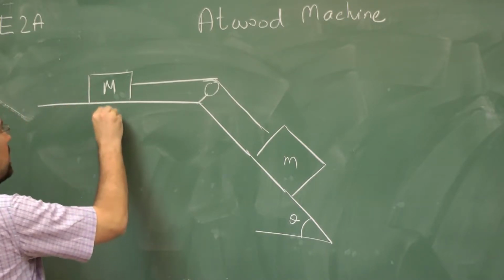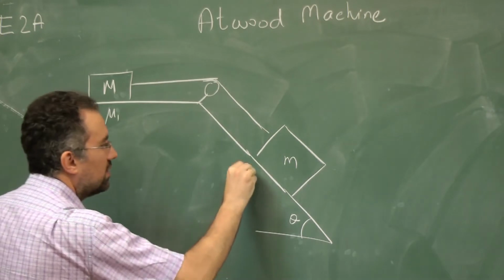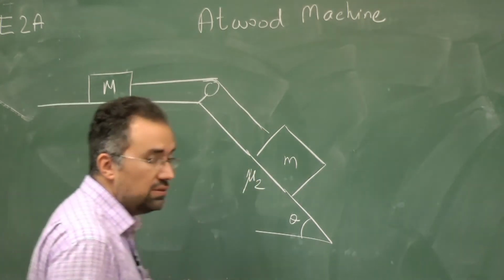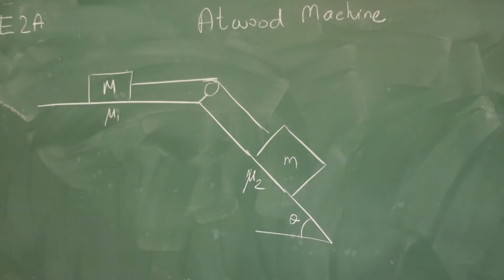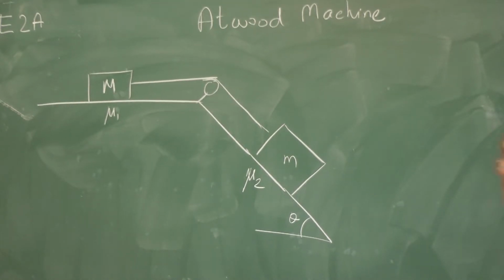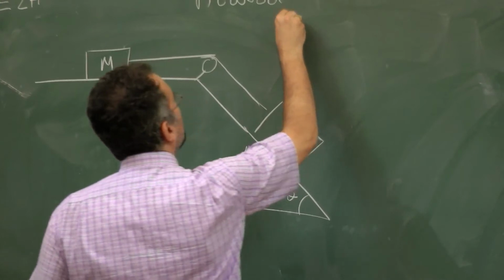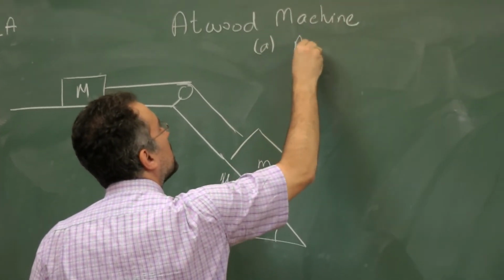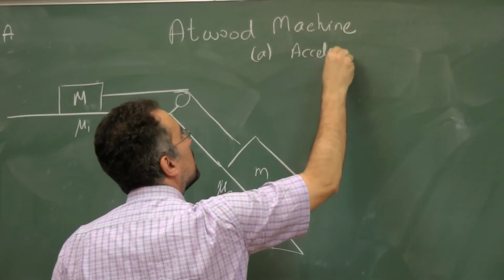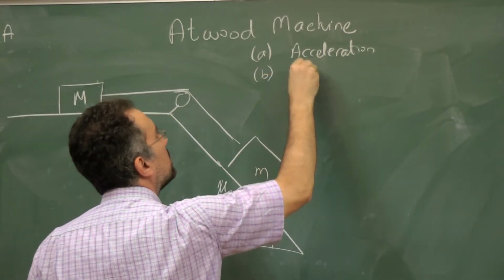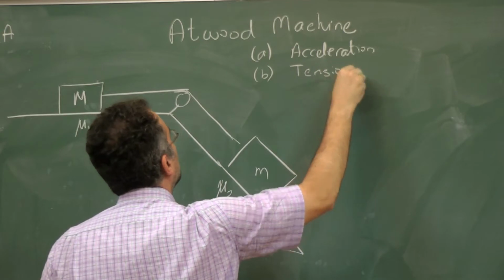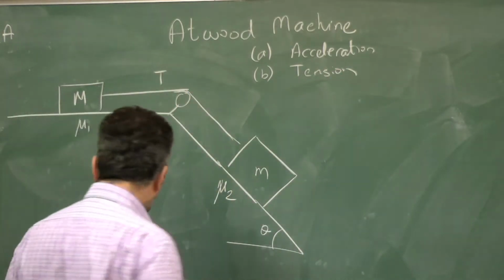And now I'm going to have friction on both surfaces between the blocks and the surface. Now again, we'll try to solve A for the acceleration and B for the tension in the string.